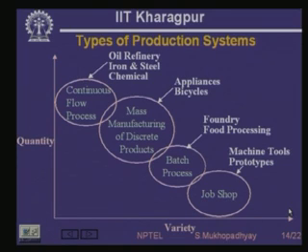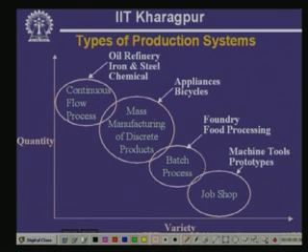So, these are continuous flow processes where the product variety is probably lowest, 3, 4, 5, but huge quantities of each product get produced. So, some basic industries like oil refinery, iron and steel, some chemicals, cement, paper, fertilizer.